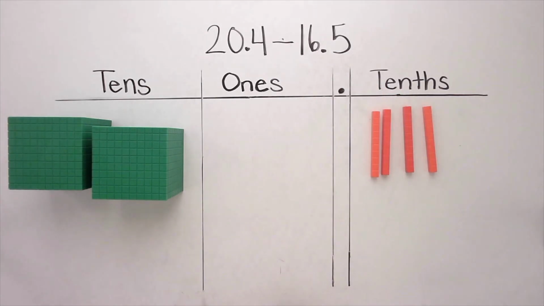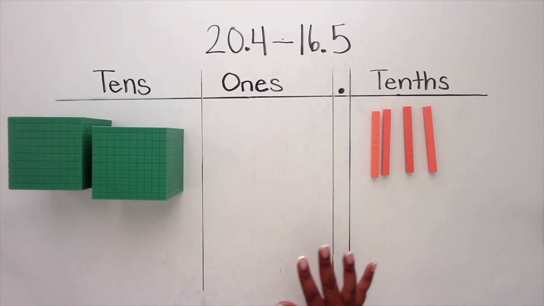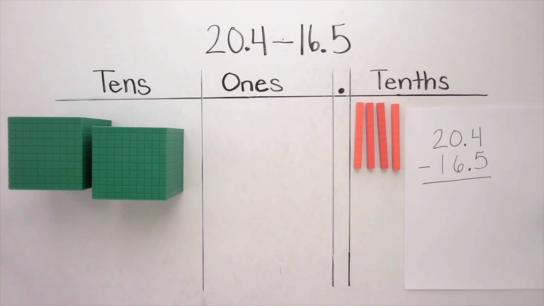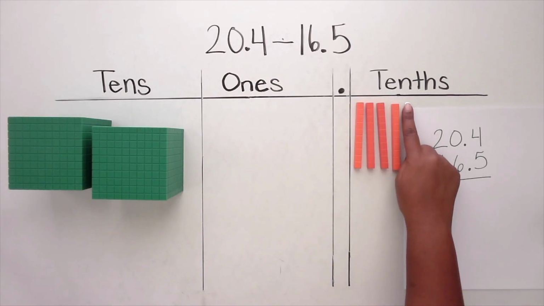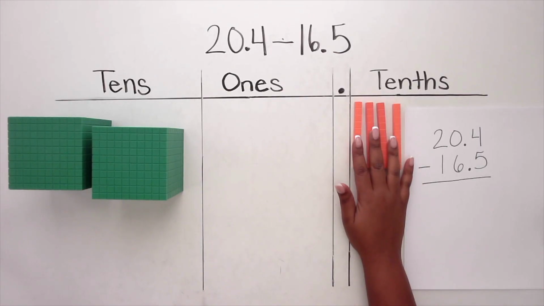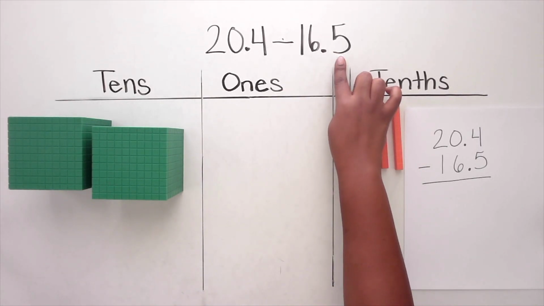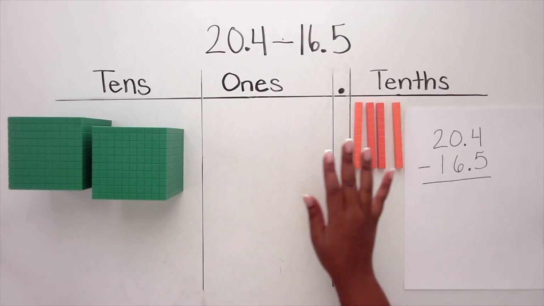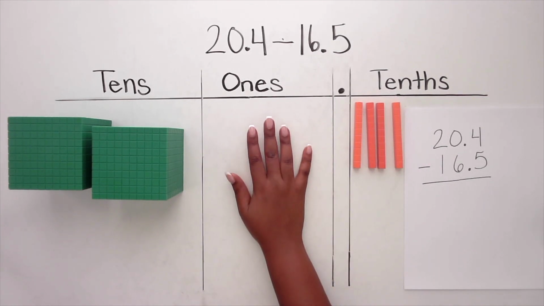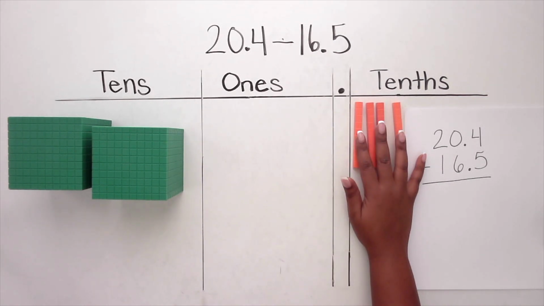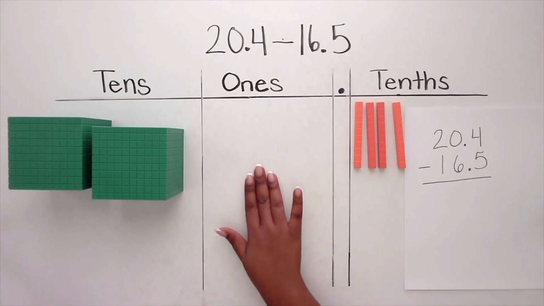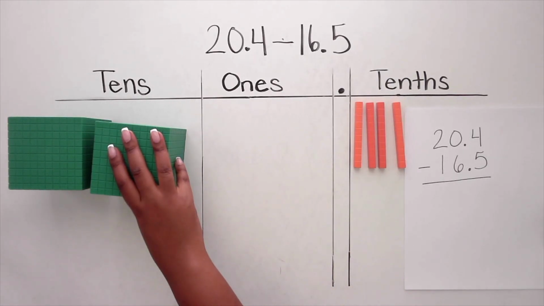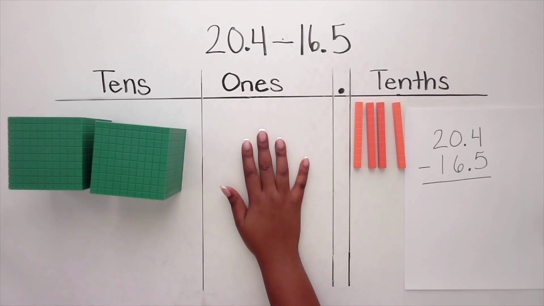Here's where regrouping comes in, and I'll connect it directly to the written method. In the tenths place, I have 4/10 but need to subtract 5/10. That means I need to regroup. I'll regroup 1 flat, or 1, into 10/10. But since there are no ones, I'll first regroup 1 ten into 10 ones.